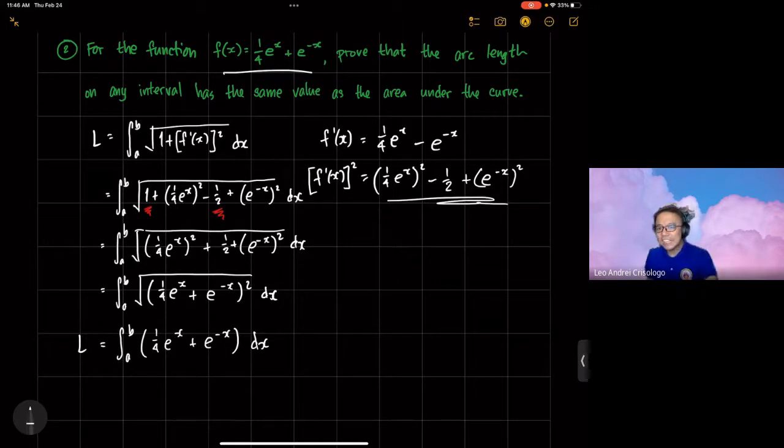And if you take the integral of the original function, you get the area under the curve. Since our formula for arc length just brought us back to the integral of the original function, the numerical values of the arc length are equal to the numerical values of the area under the curve. So this is also equal to the area under the curve.